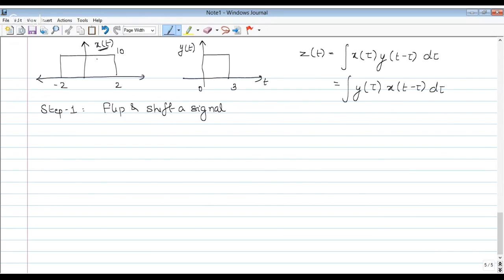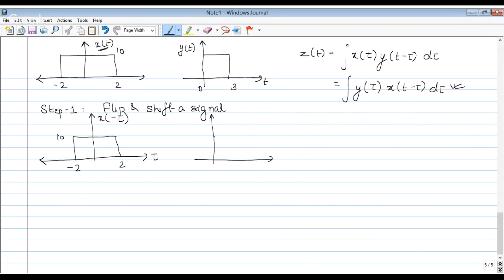See, it is actually an even signal, so it is a better choice to use this expression, that is, to flip and shift x(t). So first of all, I make it x of minus tau. Instead of t, now I am using tau. Since it is an even signal, it will remain as it is.